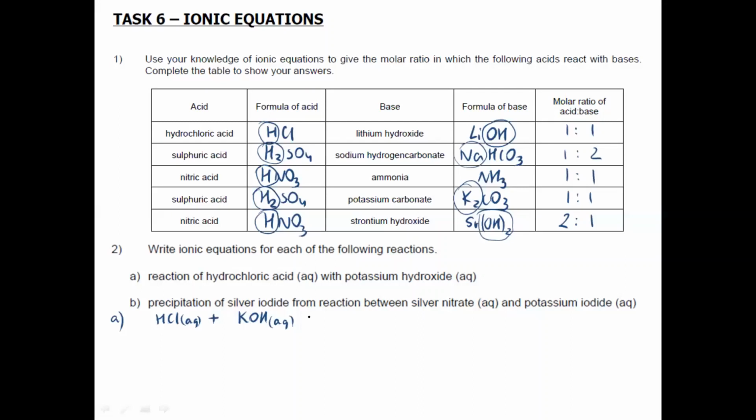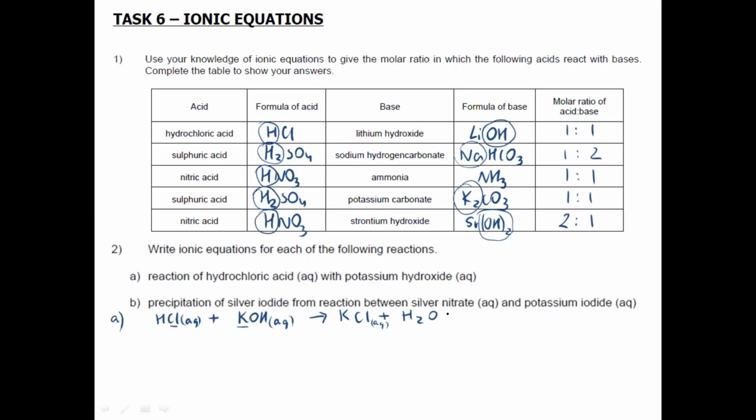Because that's acid and hydroxide, that would give us a salt, which is potassium chloride, and we're going to get water. And this is already balanced. The potassium chloride is aq. It's not going to form a precipitate because our potassium salts dissolve in water.